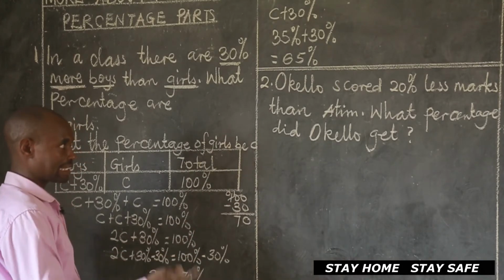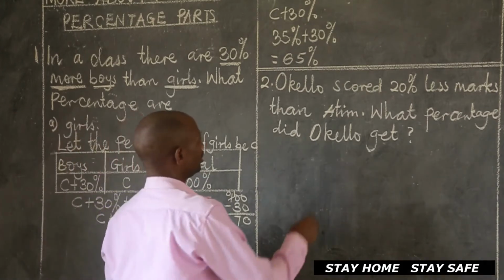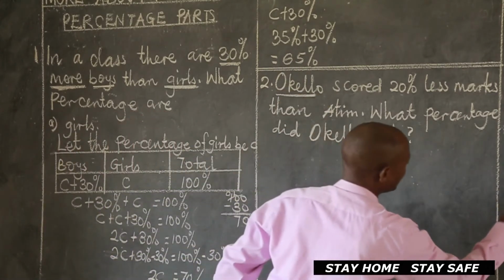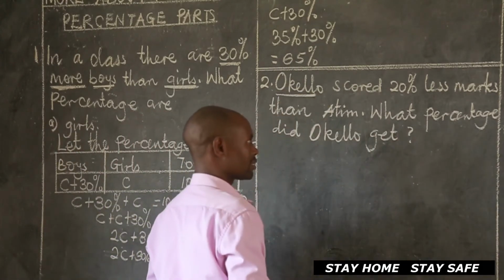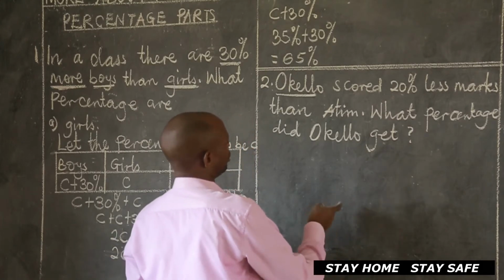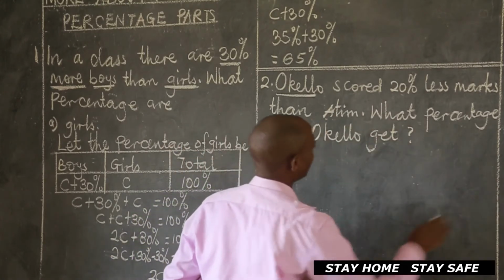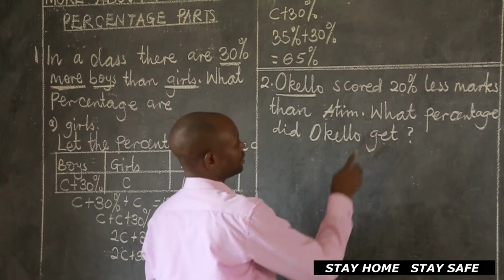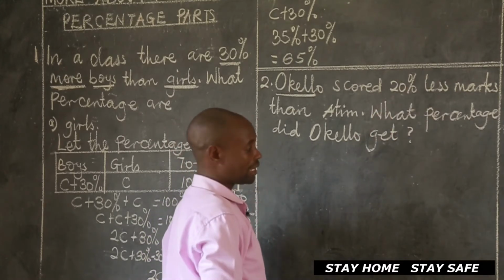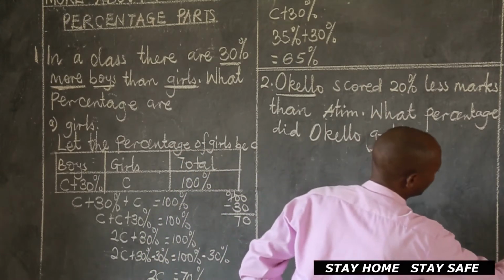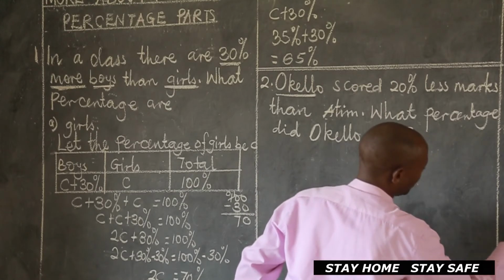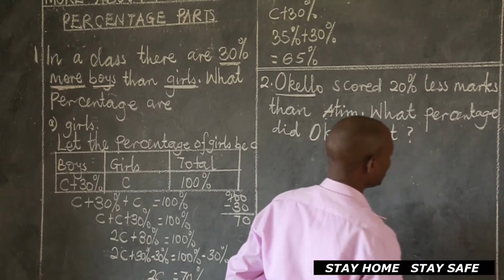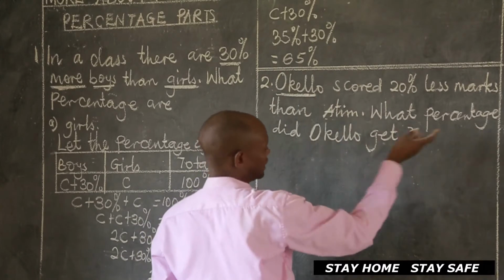If I say less, assuming maybe a team scored 80 and Okero scored 20% less, what does it mean? It means you are going to subtract 20 to get what? The 60. Because Okero is less.